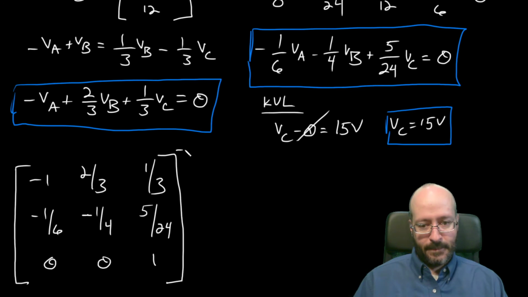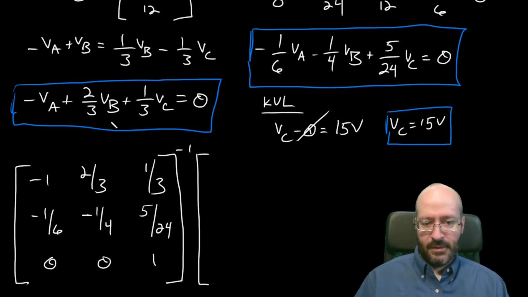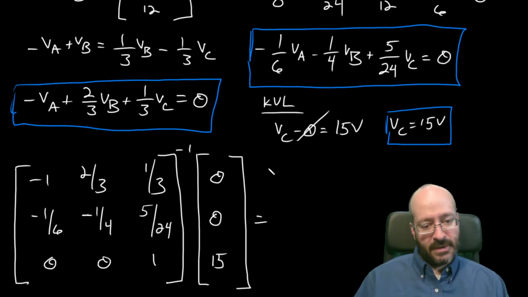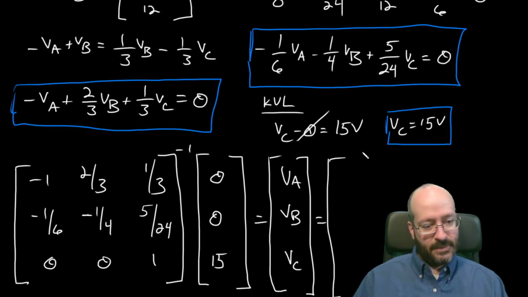Here we go. Okay, right hand sides, we got to make sure I do it in the same order here, so that's 0, 0, and 15. Doing that little bit of linear algebra is going to give us our vector of unknowns, VA, VB, VC. Okay, and hopefully we got some values for that.